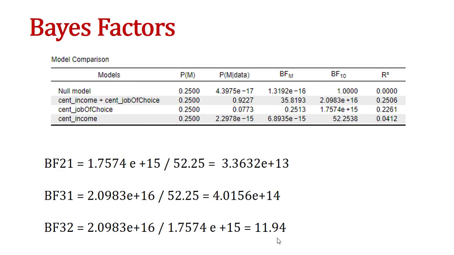So basically, what it's saying is that both variables independently affect psychological well-being. It's not a shared variance.